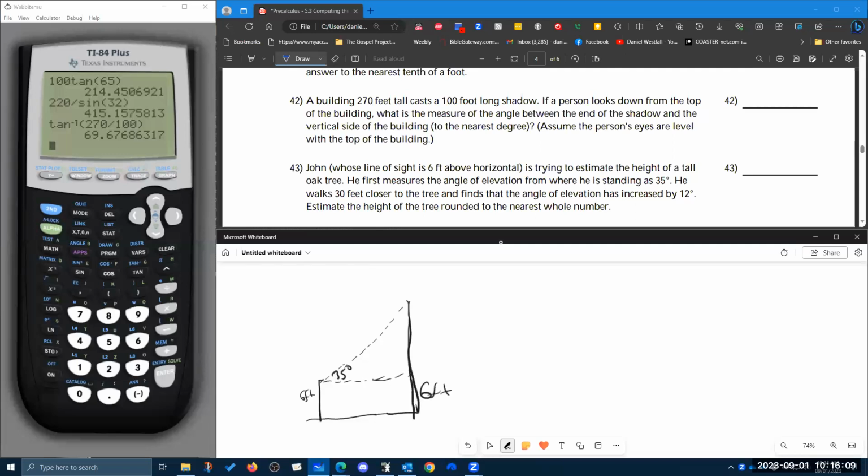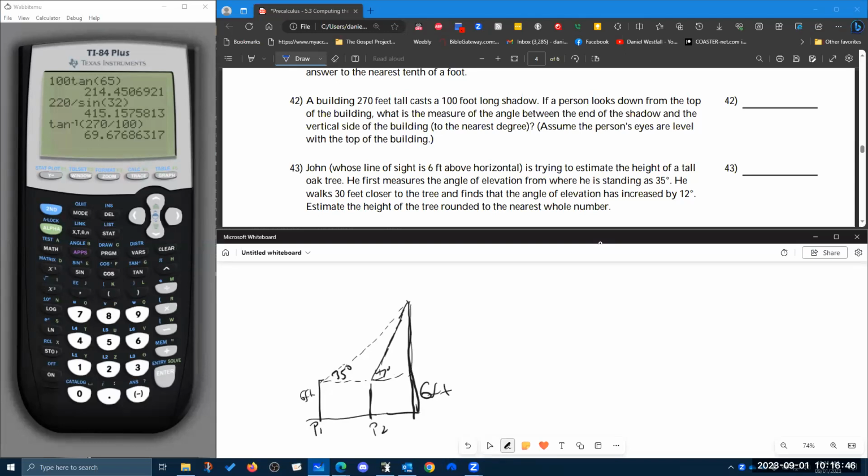And if he walks 30 feet closer to the tree, so here's position 1 where he's going to stand, position 2 over here where he's going to stand. If he measures from here, it is now increased by 20 degrees, so it's 47 degrees here to look at the top of the height of the tree.